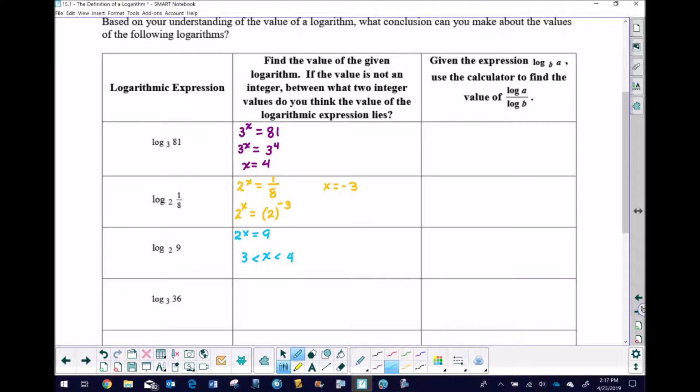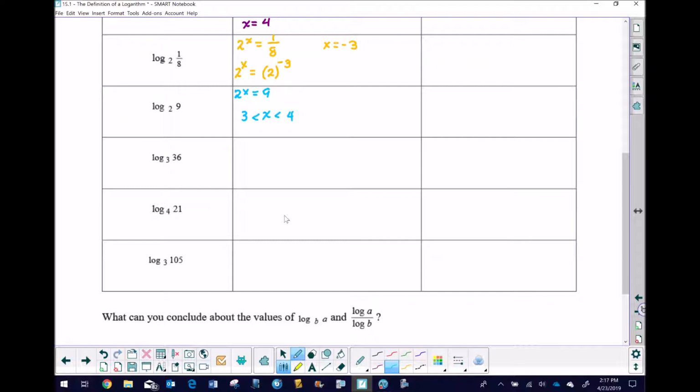And 9 lies between 8 and 16. So that's kind of what they're looking for if you don't have an integer value. All right? I am going to, guess what? Pause the video. I would like everybody to go ahead and fill out these 3 cells, and then you can check your answers with me when you're finished.